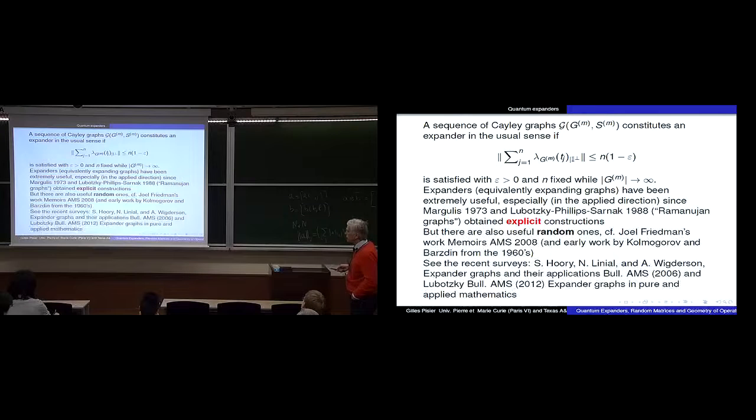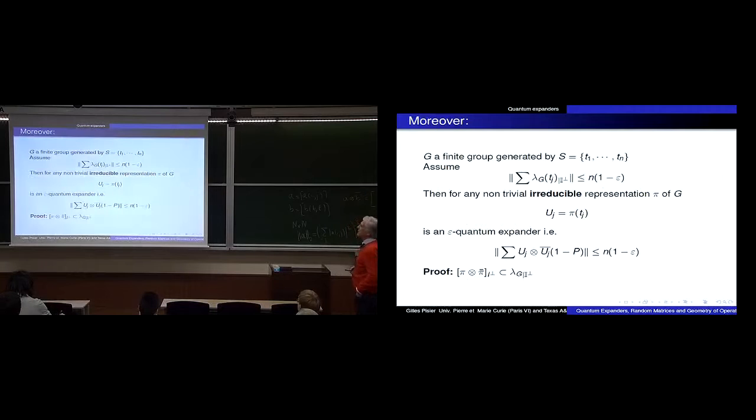So in case you're interested, I wrote here two very important, very nice surveys on the subject. And I said the history is complicated because some time ago, some people noticed that very early papers of Kolmogorov from the 60s actually had the idea of expanders in there. It's Kolmogorov and Barzdin. It was a big surprise, but this came up recently.